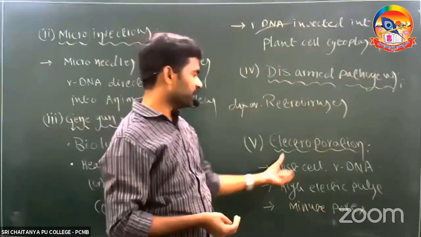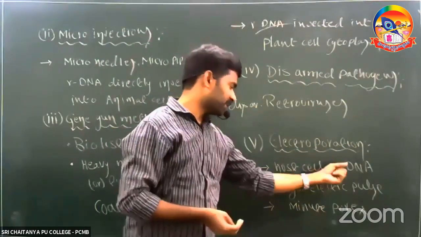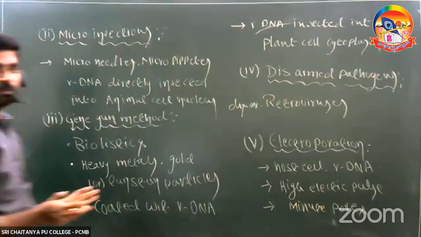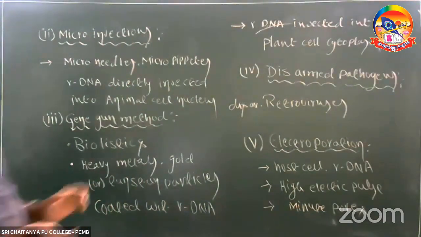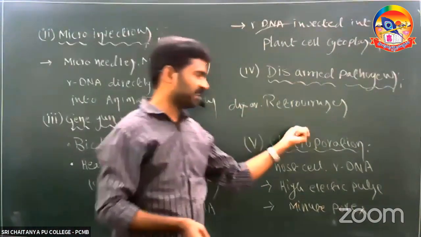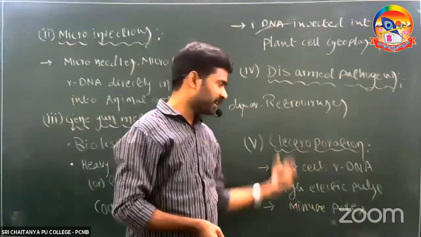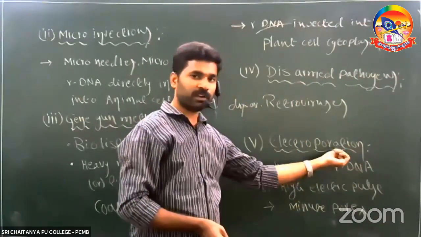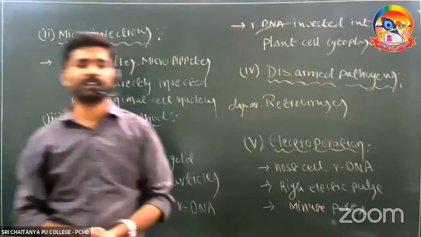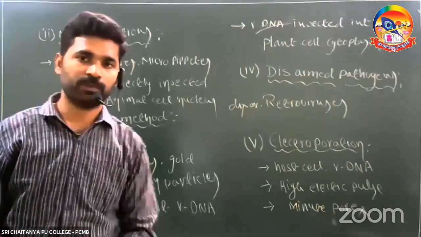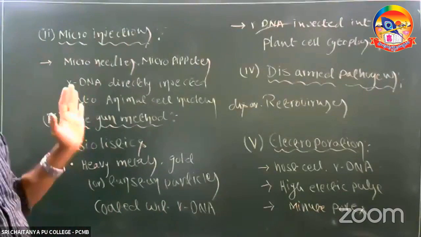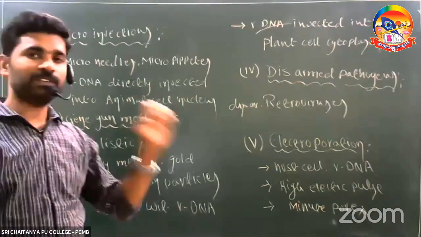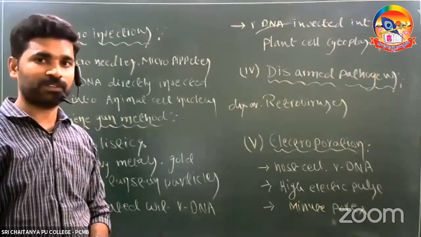In this method, we subject the host cells and rDNA molecules to the high electric pulse. They form minute pore-like structures on the bacterial cell surface, so it is ready to receive or accept rDNA molecules. When we apply some pressure, the rDNA automatically enters into the bacterial cell cytoplasm. Right? So up to here, we discussed 5 methods for insertion of rDNA into host cell cytoplasm.